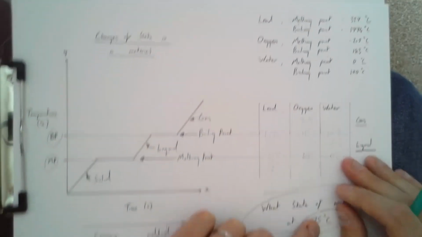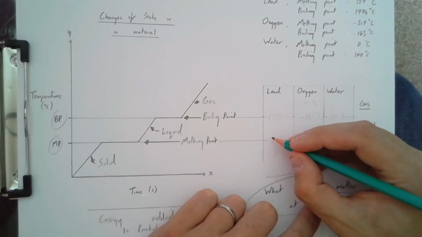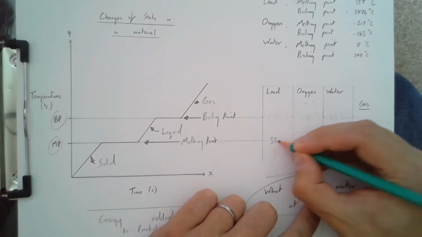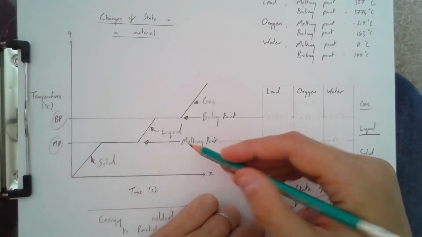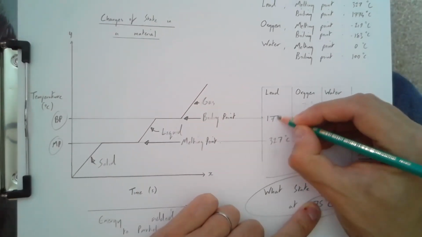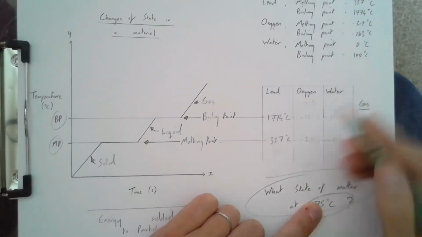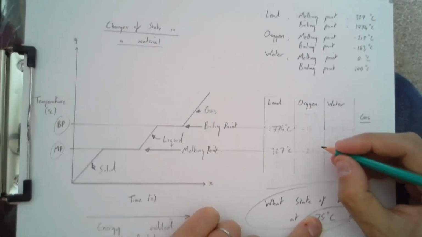So, as comparison, we can put lead here. Its melting point, 327 degrees C, corresponds here on the graph. Its boiling point, 1774 degrees C, corresponding here. We can do the same now for oxygen.